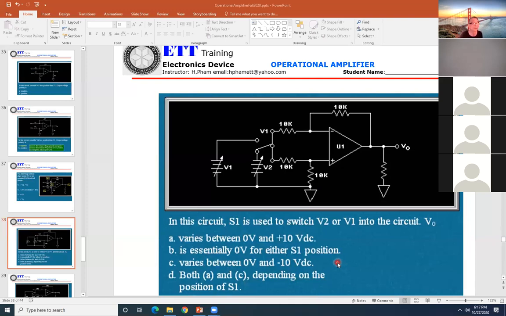So if you see in here, this is the switch there. They can go in here or they can go in here. So what they want to see is V out, A or B or C or D.